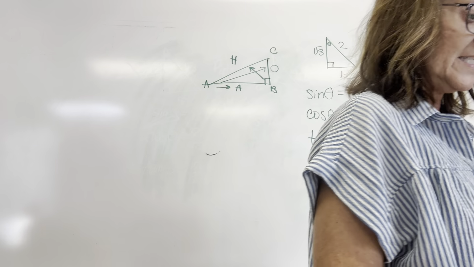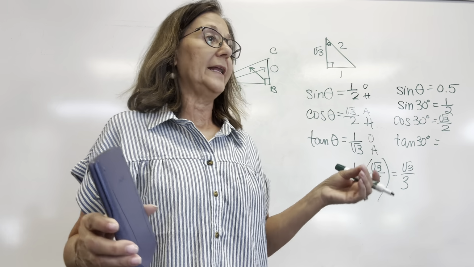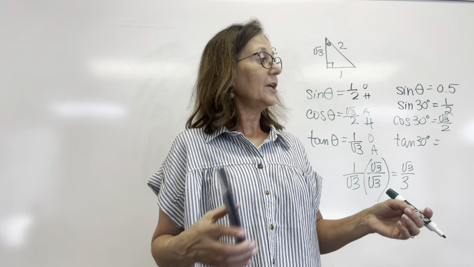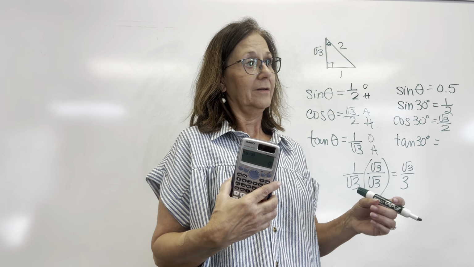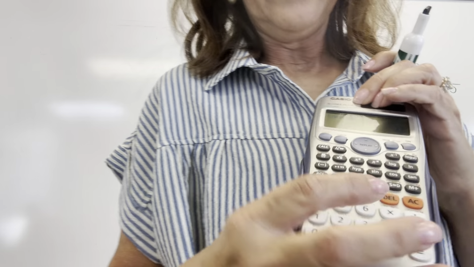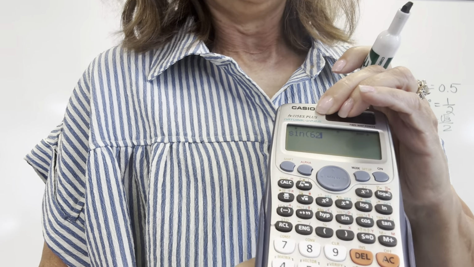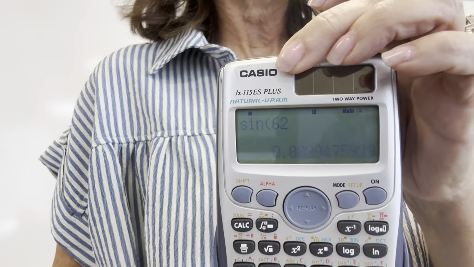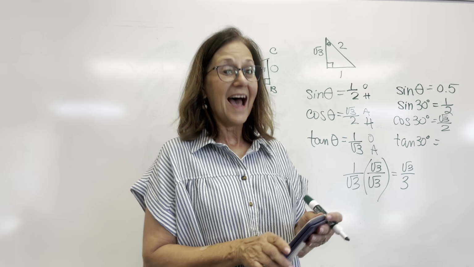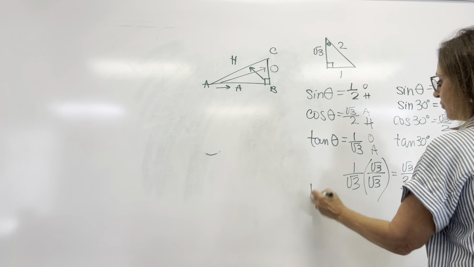All right, look on page 17. I don't know what the ratio of the sine is for a 62-degree angle, but I can use my calculator to figure it out. All I enter is sine 62 and hit equals. 0.88294. Yes.